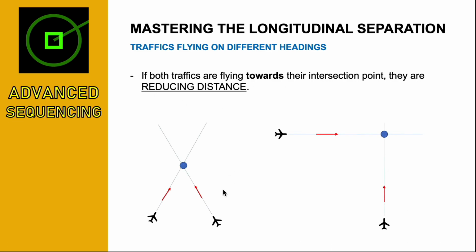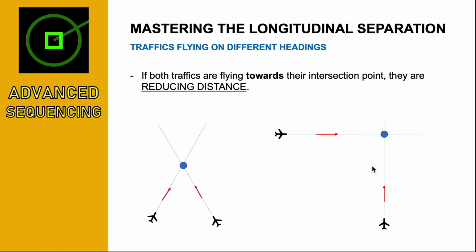You see the different examples here. If traffics are flying different headings and they are flying towards the intersection point, that means that they are always reducing distance. In this situation, this is what you saw before, the example of ways to reduce distance in a safe way.